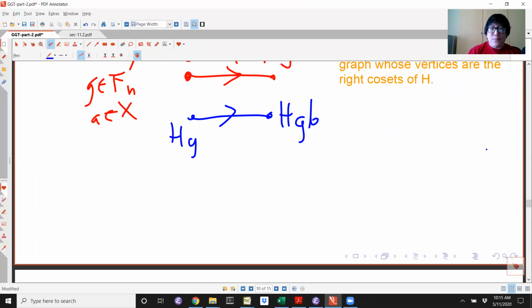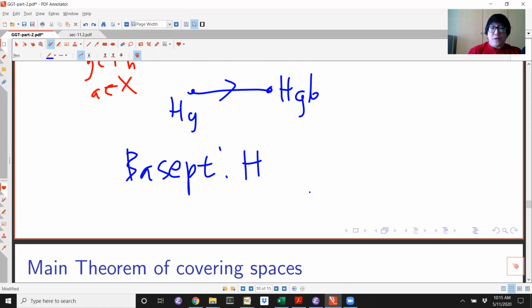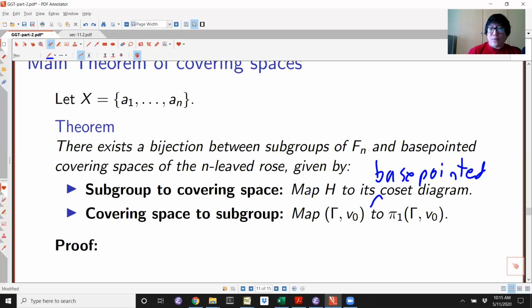The coset diagram has a very natural base point: the trivial coset, the coset H itself, which is actually a subgroup. Conversely, taking a covering space Gamma with base point v sub 0 to its fundamental group, that ends up being a Galois correspondence.